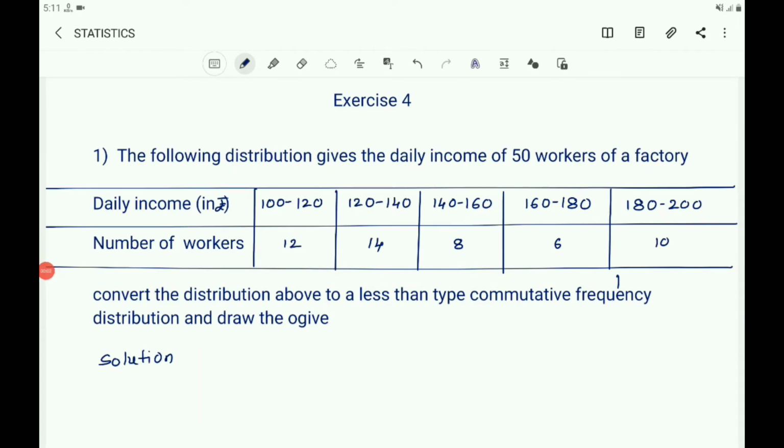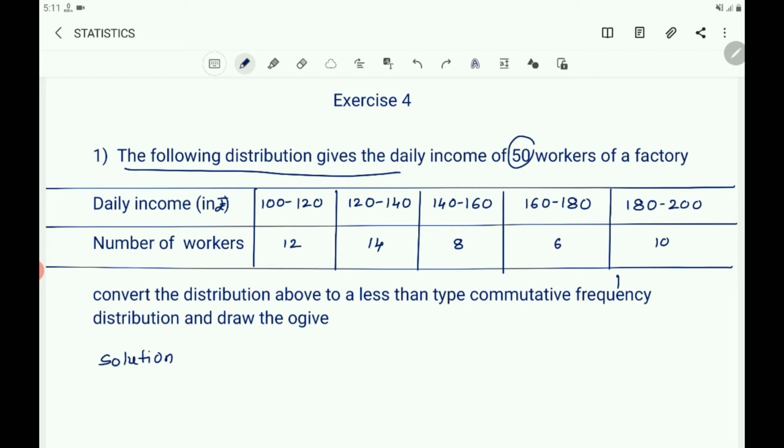Take the first question of exercise number 4. The following distribution gives the daily income of 50 workers of a factory. Daily income is given in rupees in class intervals: 100 to 120, 120 to 140, 140 to 160, 160 to 180, 180 to 200.